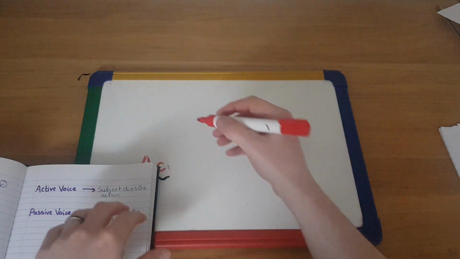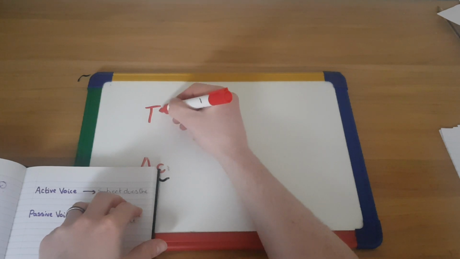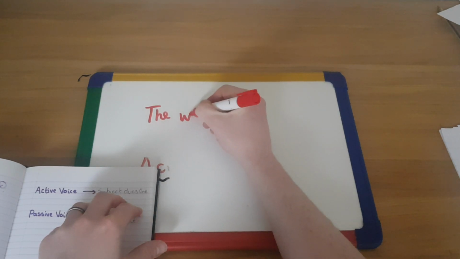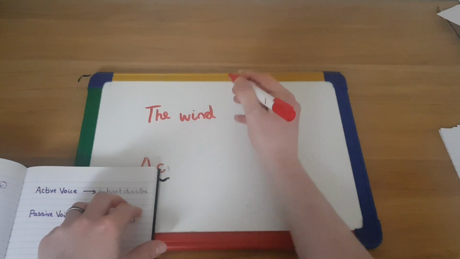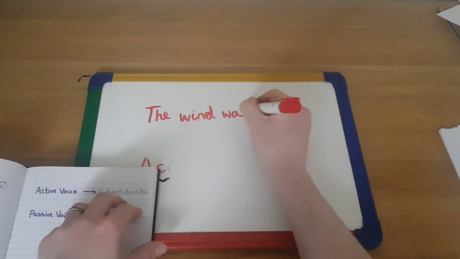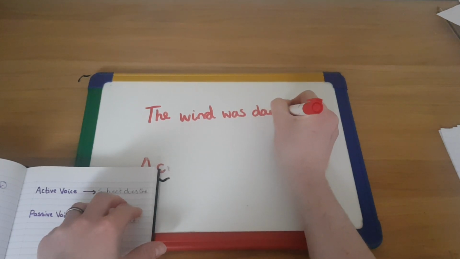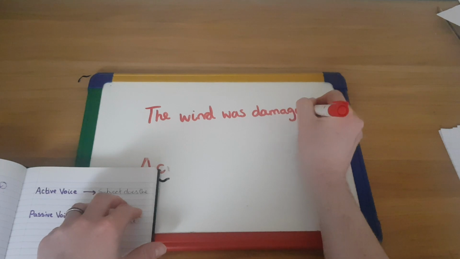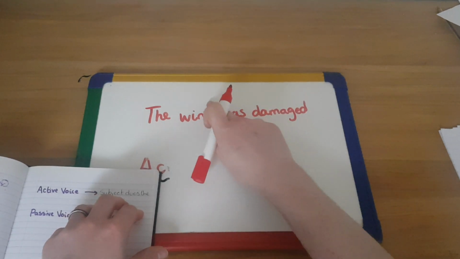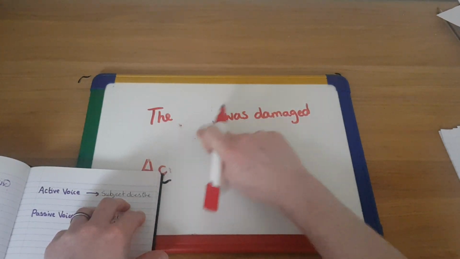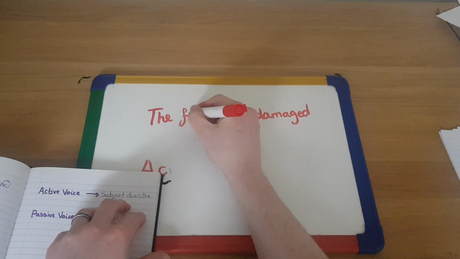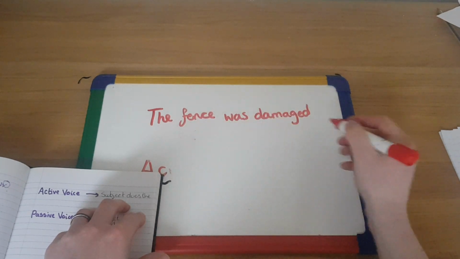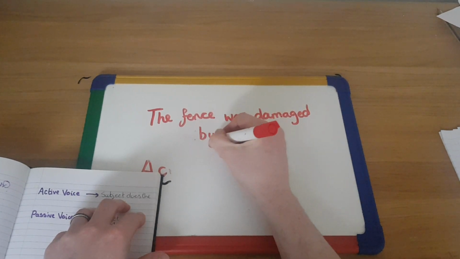They gave you this sentence: the wind was damaged. And by that, I totally don't mean that, do I? I mean the fence. The fence was damaged by the wind. That makes total sense now.